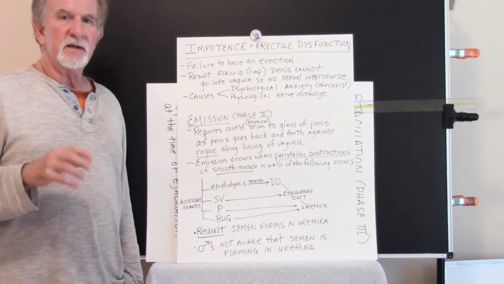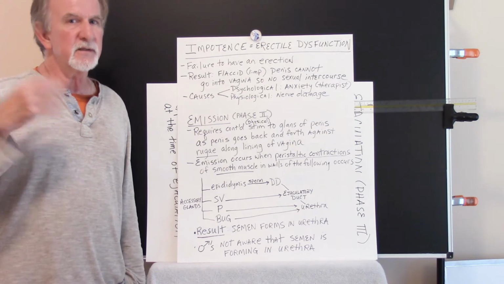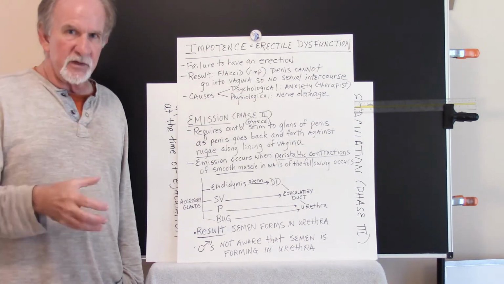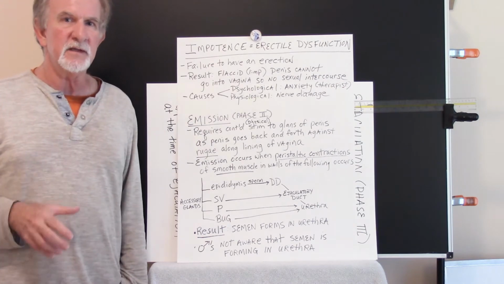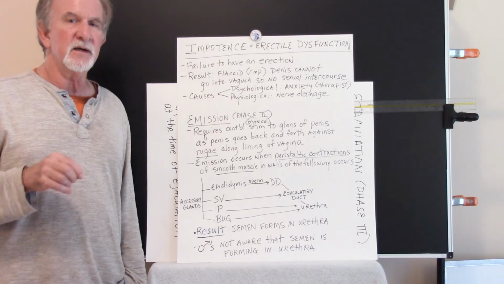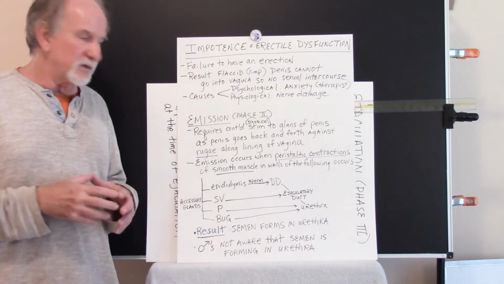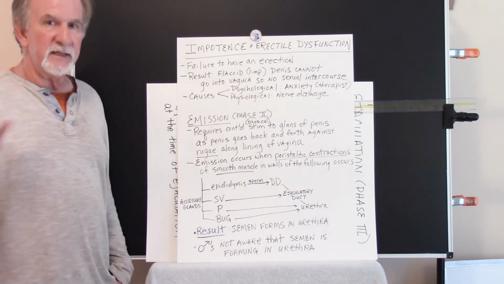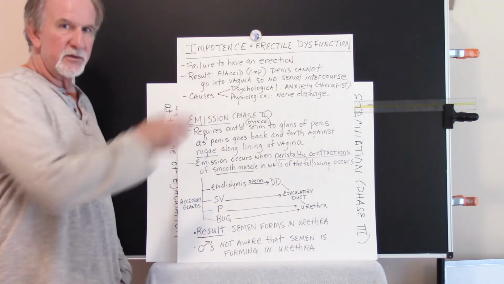It turns out that there are ridges called rugae, same name we saw in the stomach, that line the vagina. The penis going back and forth against these ridges, or rugae, generates friction against the glans of the penis that stimulates the sensory receptors and leads to, after a while, this phase called emission.